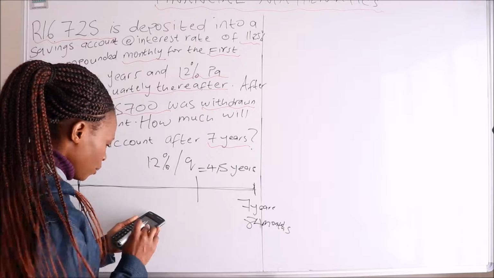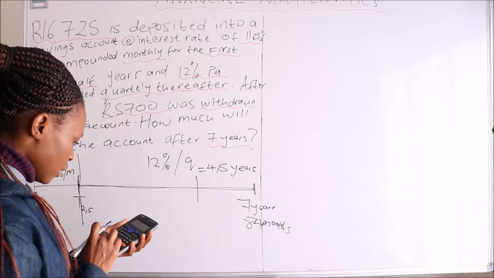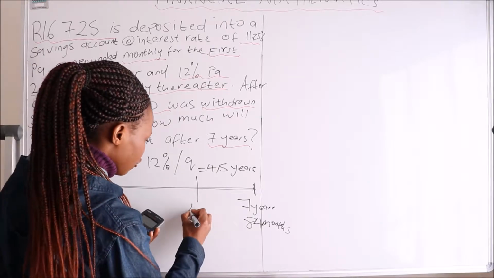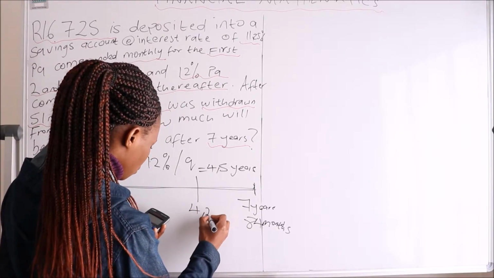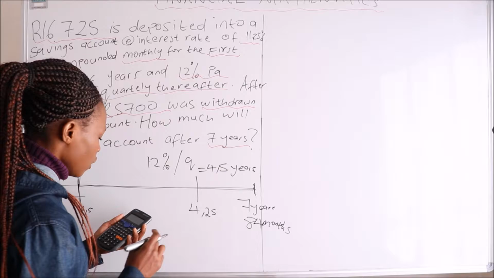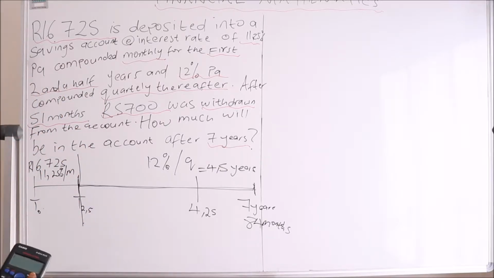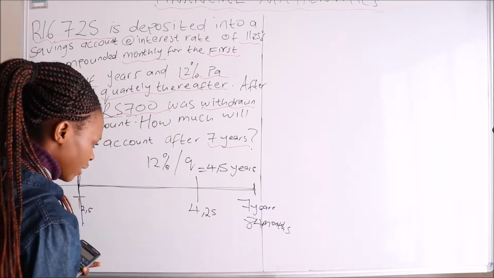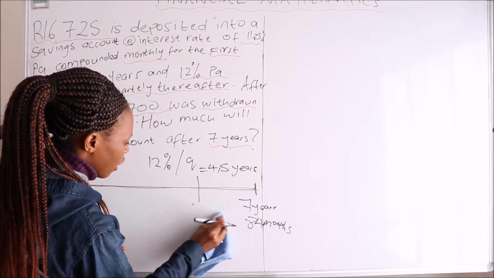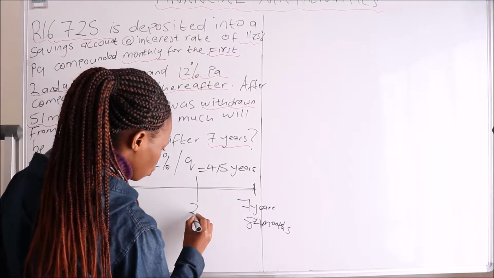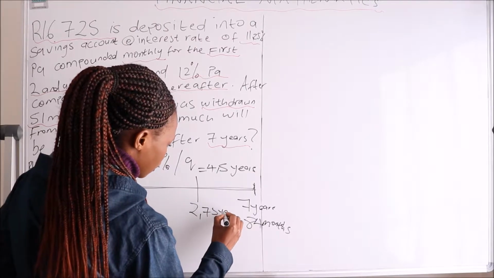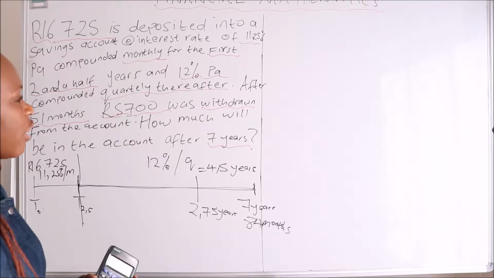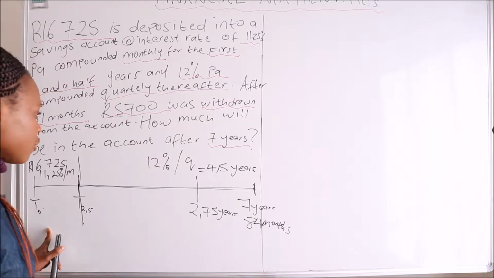So here we will say 7 minus 2.75, which will be 4.25 years. But when we do the calculation, we will consider the 51 months to have the interest rate of only 2.75 years, because it will only be withdrawn at the 4.25 year mark from the first term.